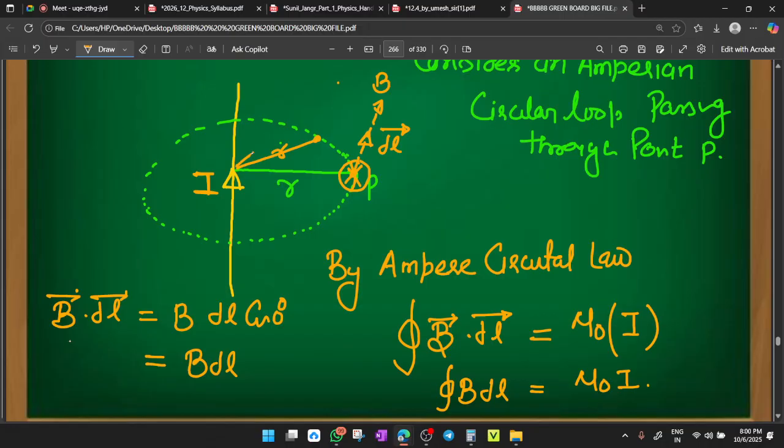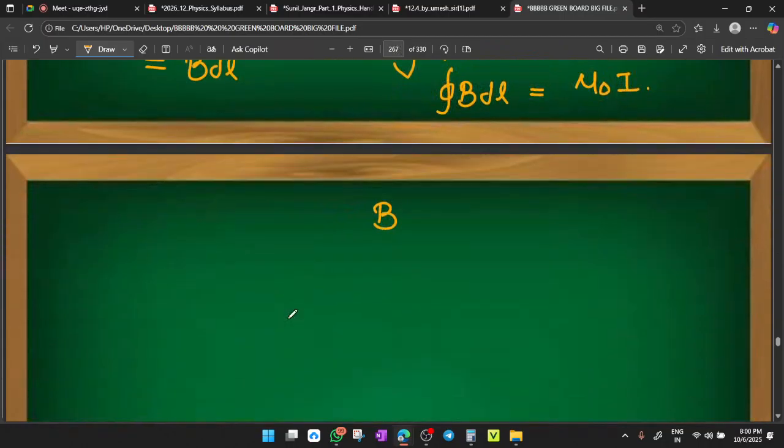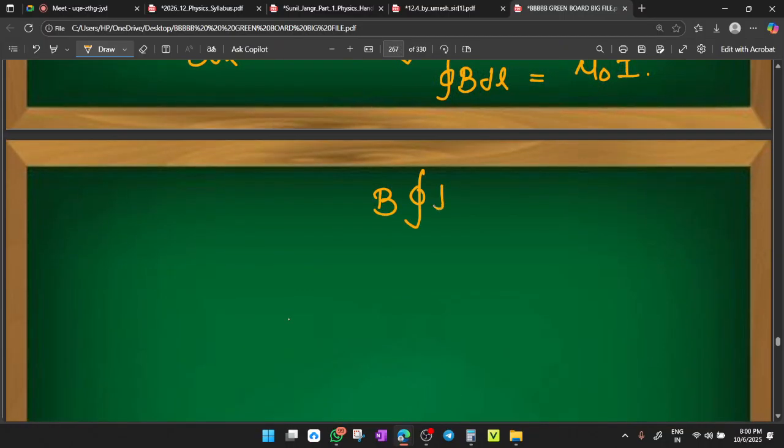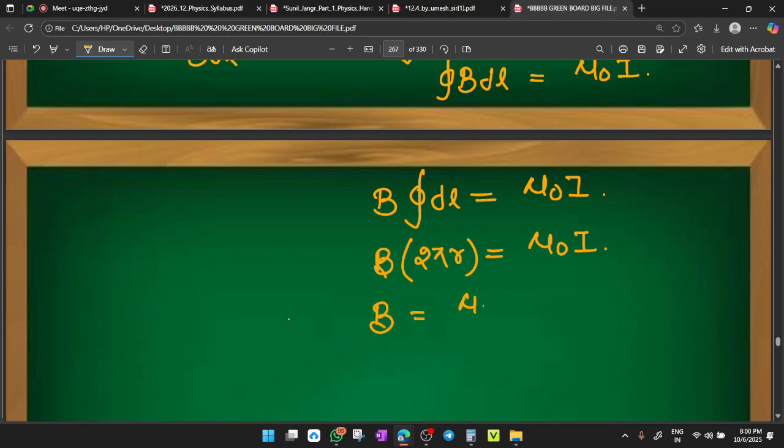So only dl is integrated, equal to mu naught I. So B times the integral of dl, which is 2 pi r, equals mu naught I. So B equals mu naught I upon 2 pi r. Clear? This is the magnetic field because of a straight infinite conductor.